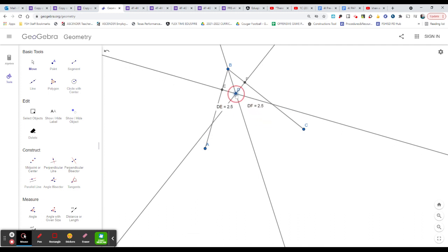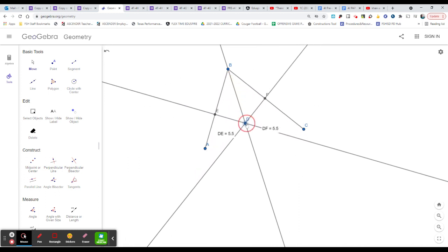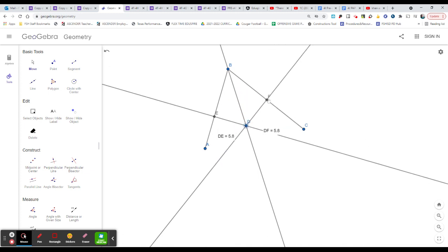Point D is on the angle bisector, and as I move that angle bisector, those points move with it. The distance from D to F is going to be the same as D to E.